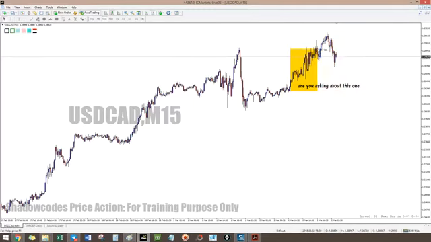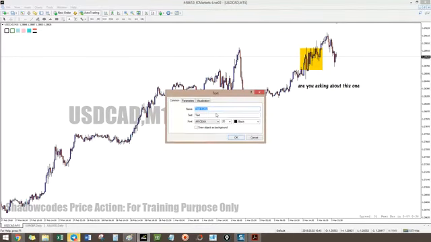If we have something like this, I usually will avoid taking a trade if the candle is like this.